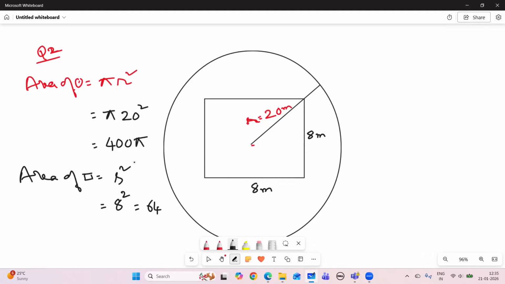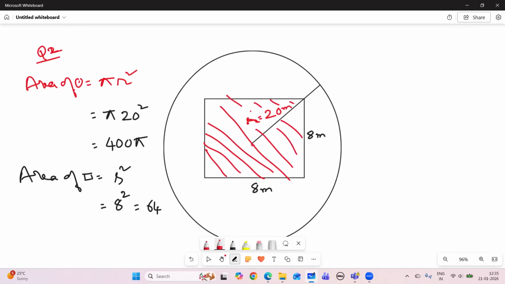And we have to find the probability for the person to grow a plant inside this square region. Okay. Inside this part. So inside this region, he wants to grow a plant.